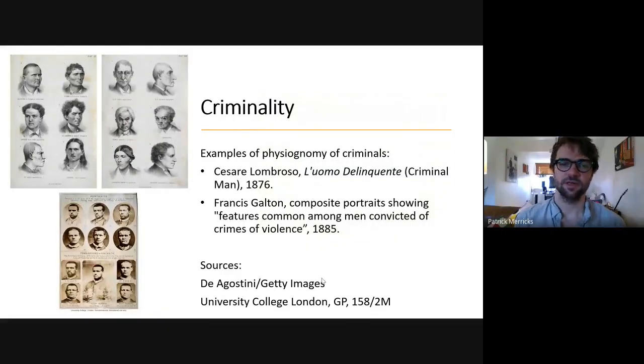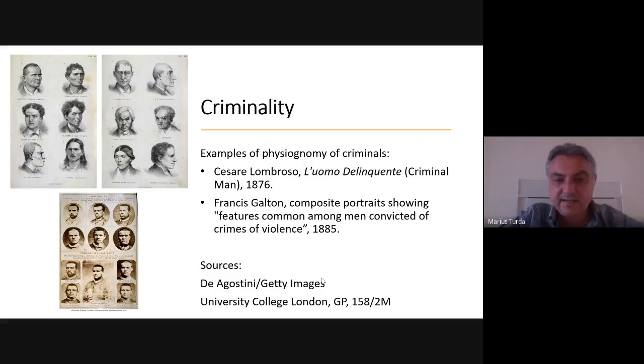So one aspect of this history is its focus on criminality. How would photographs be used to identify criminals? The Italian scientist Cesare Lombroso, who's considered to be the father of criminal anthropology and criminology, was one of the scientists who made great use of photography to explain his arguments, to put forward his theory that degeneration can be seen, is expressed physically on the face of the individual.